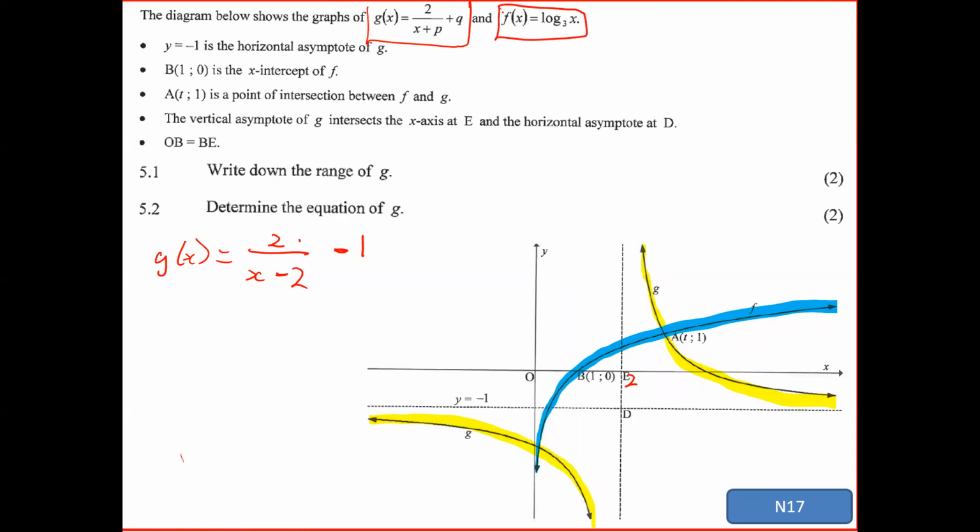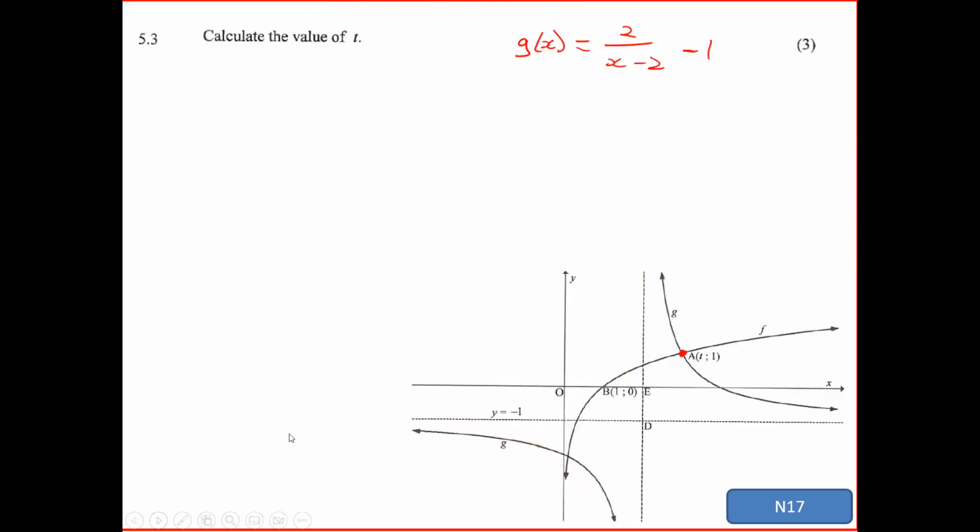F of x is equal to log x base 3. So we're going to write that down. For those of you who don't know, f of x is actually equal to log x base 3.